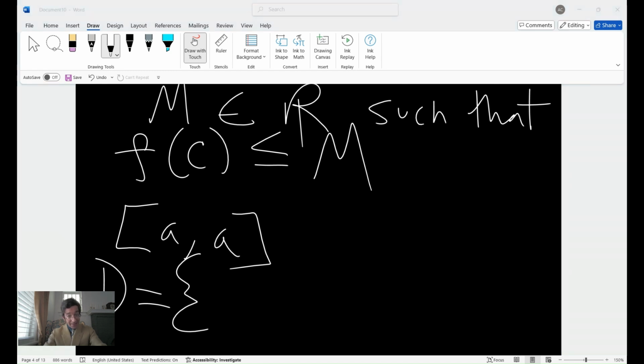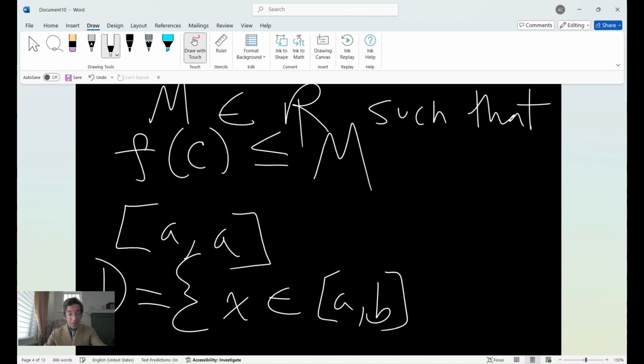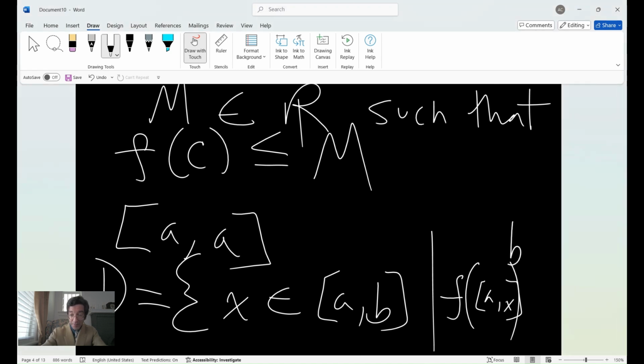But if we define the set, let's define a set D as a closed interval. x is an element of [a, b], and we're going to say that it's bounded.